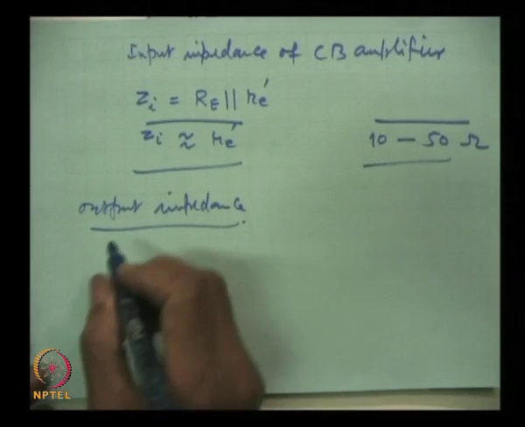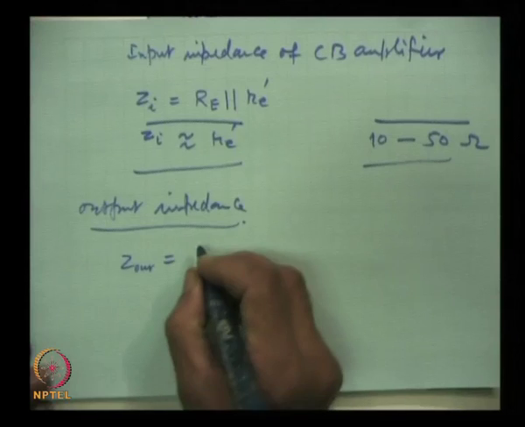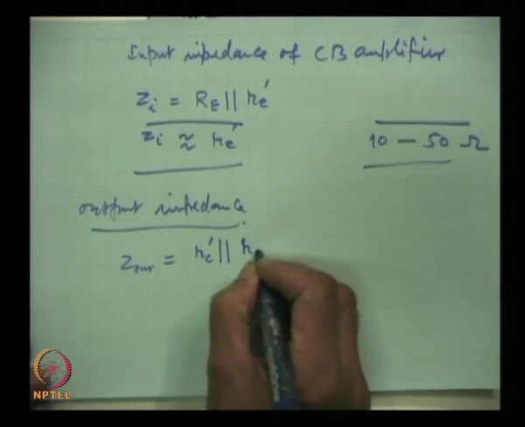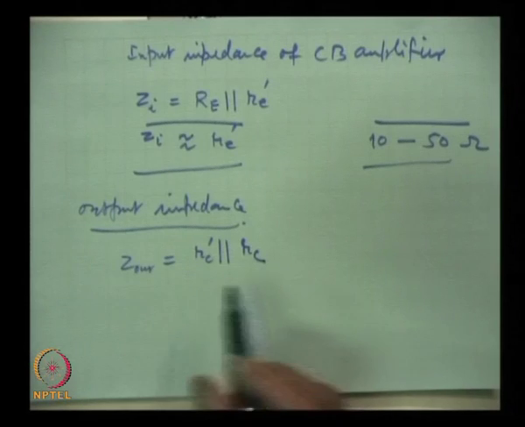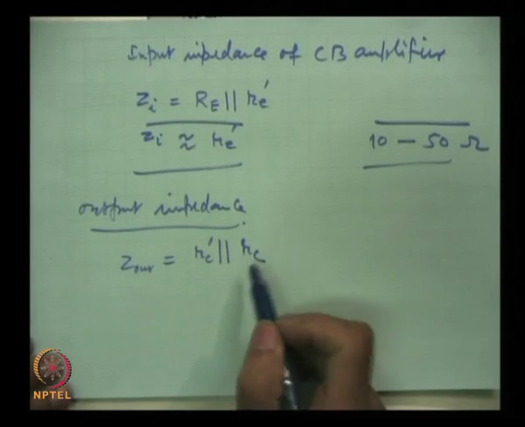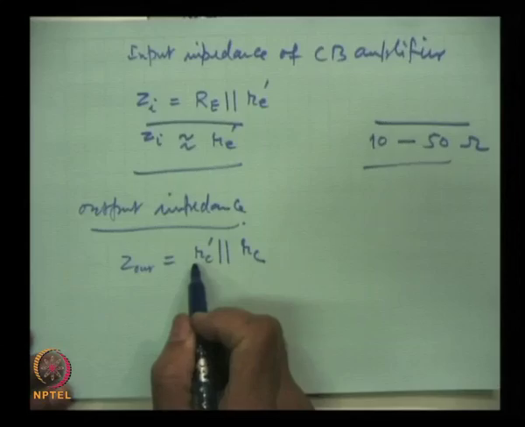So, Z out is R c prime in parallel with R c. This is the effective impedance as seen by the collector, and this is the resistance of the collector.